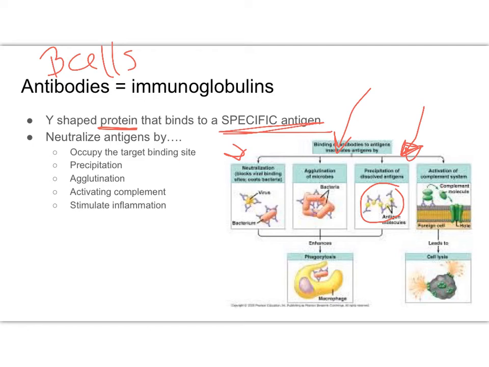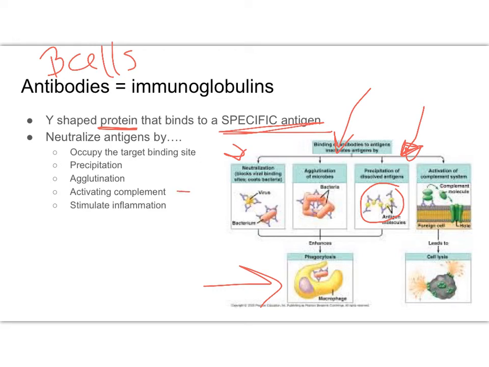But either way, we get this clumping together, and all three of those things, the neutralization where it blocks the different sites, the agglutination, and the precipitation, all are going to help facilitate phagocytosis of these antigens, these macrophages being able to come in and eat them and take care of them.